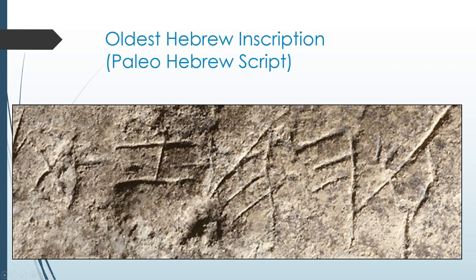Maybe I can kind of highlight them a little bit for us. And then this one is kind of hard to see. There. That's some of the oldest script we have.